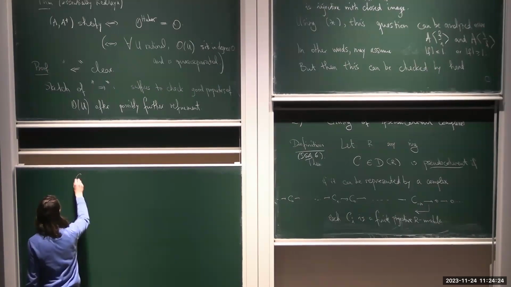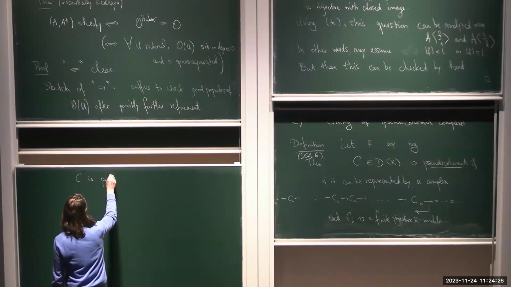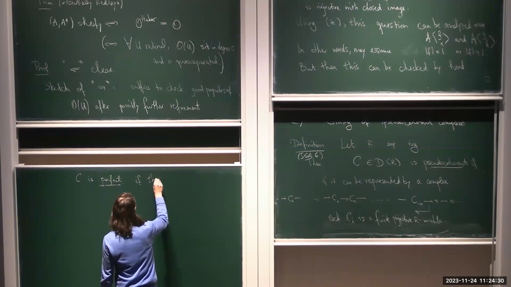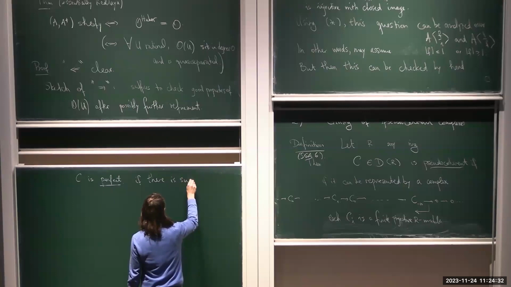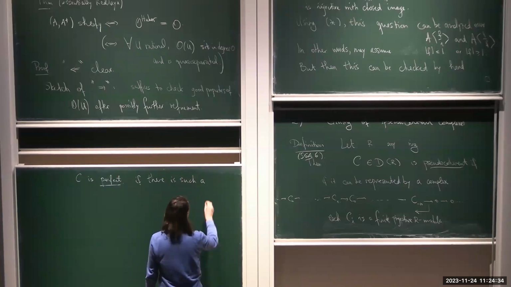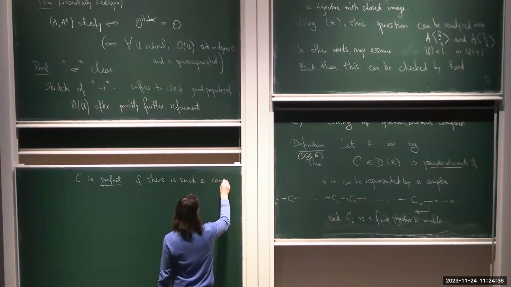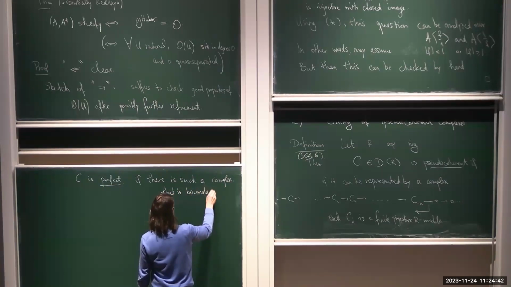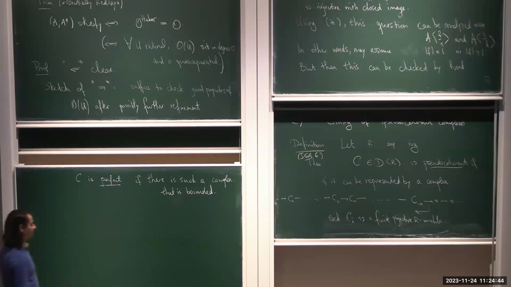And let me now call C perfect if there is such a representation which is bounded to the left. Then it's just a finite complex of finite projective modules.